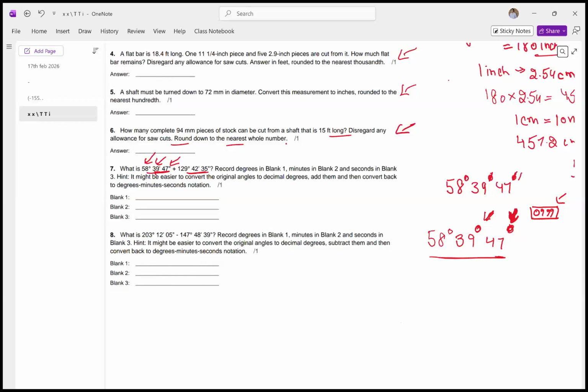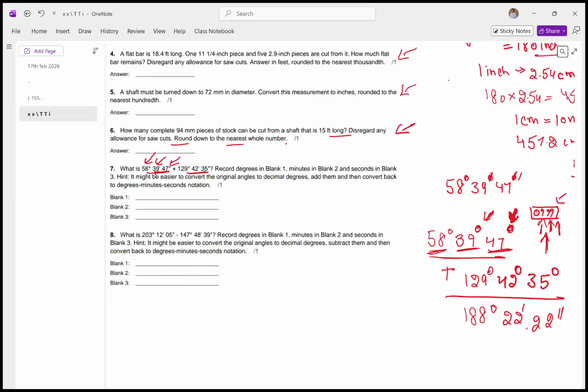So you just press 58, press this button, press 39, press this button, press 47, press this button again, and then press plus 129, the same button, then 42, the same button, then 35, the same button, and then you're going to get the final answer: 188 degrees, 22 minutes, and 22 seconds.